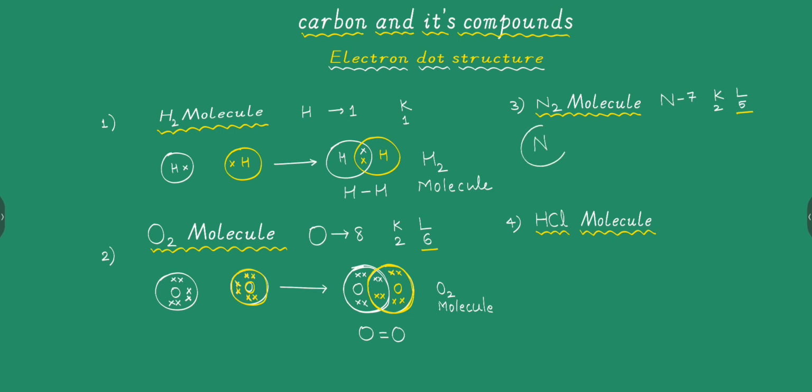To get 8 electrons in its outermost shell, same as before, with two nitrogen atoms, one will have 5 electrons and the second nitrogen also will have 5 electrons in its outermost shell. So here each nitrogen atom will give 3 electrons. The first nitrogen will give 3 electrons and the second nitrogen also will give 3 electrons.